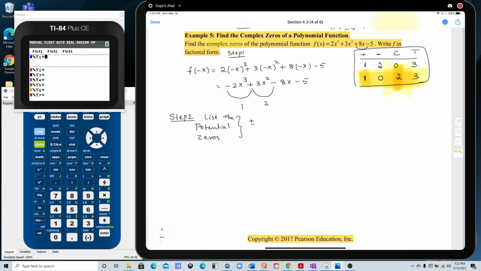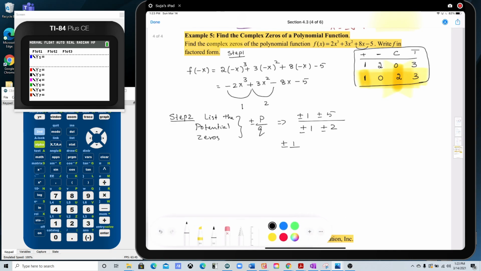In this case it's plus or minus 1, plus or minus 5, divided by the factors of the leading coefficient, which is 2, so plus or minus 1 over plus or minus 2. So this is telling me my list is either going to be plus or minus 1 over plus or minus 1, which is plus or minus 1.